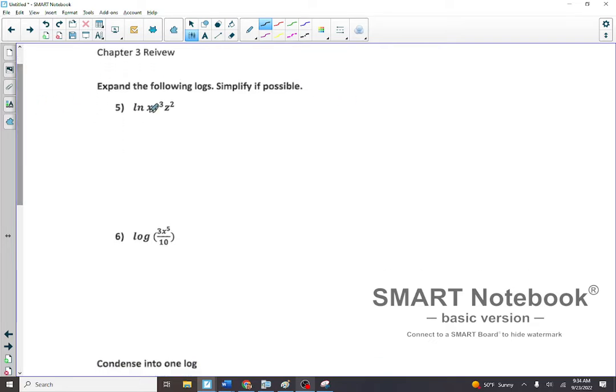All right, this one is an expand question. So I have to expand this. When you multiply things, that means you're adding them. So ln x plus ln y to the third plus ln z to the second. I have these exponents up here, which means I'm going to move them in the front.